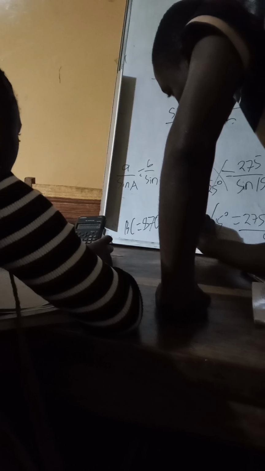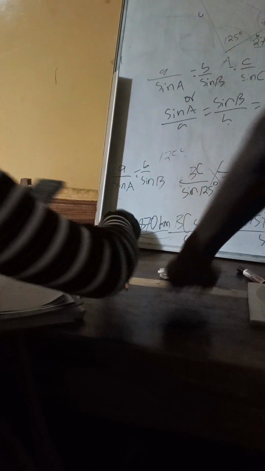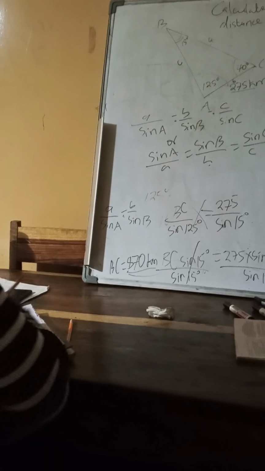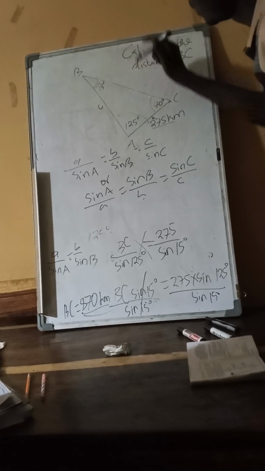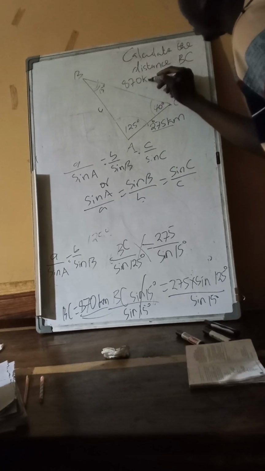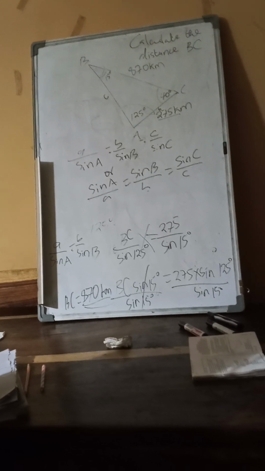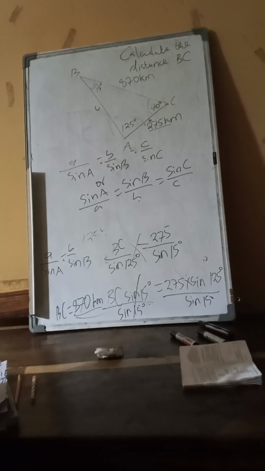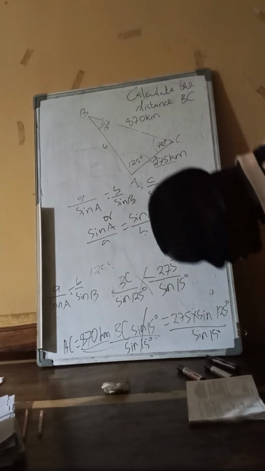Answers are given correct to 3 significant figures, so the distance is simply 870. That's our distance BC. So this distance is 870. Are we together, everyone? Then I go to the next question.